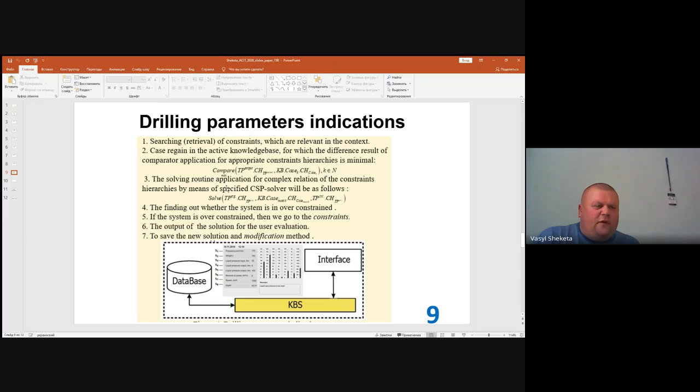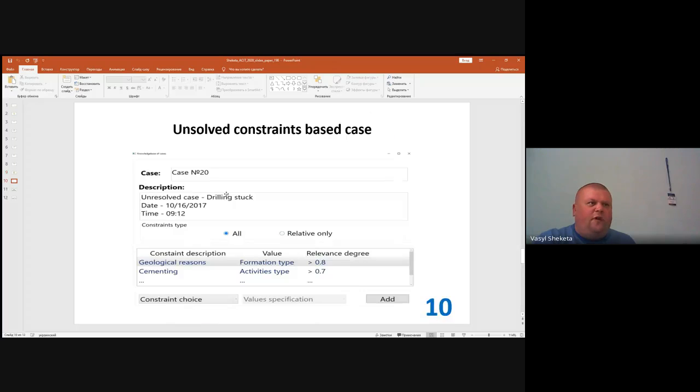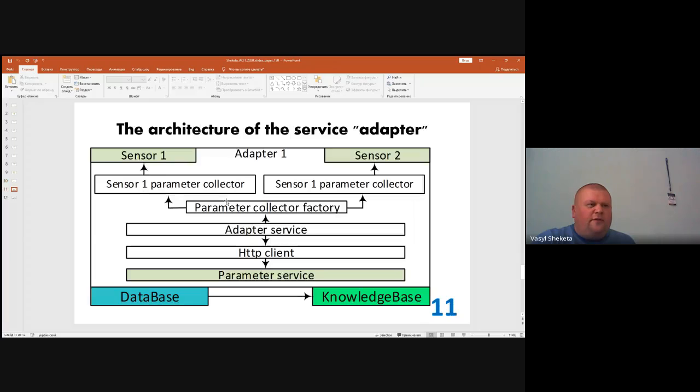There we have a combination of over-constraining or under-constraining, a system of solving. Here is a sample of solver constraints that are to be solved, a way of decision making support.